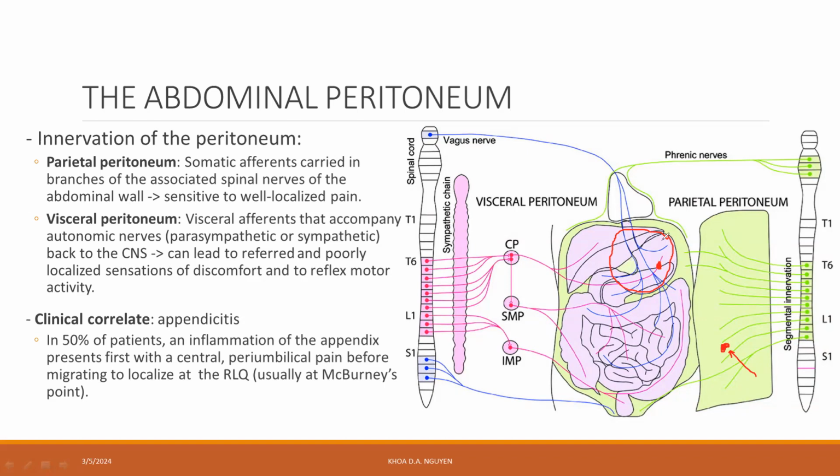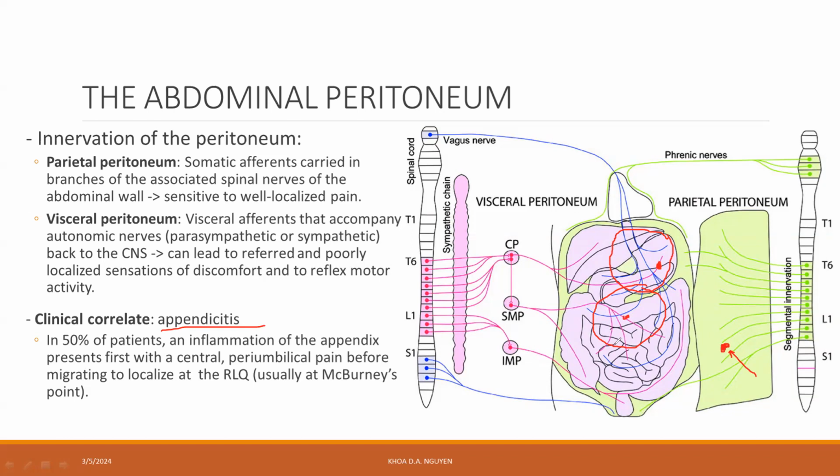Now, what is the clinical correlation of that? The clinical correlation is appendicitis, the pain due to appendicitis. In 50% of patients, an inflammation of the appendix will present first with a central periumbilical pain. Why is that? Simply because the appendix belongs to the midgut.